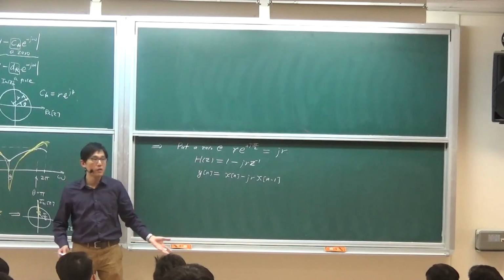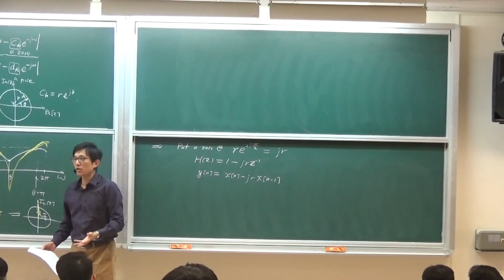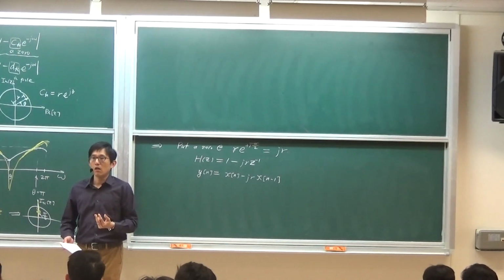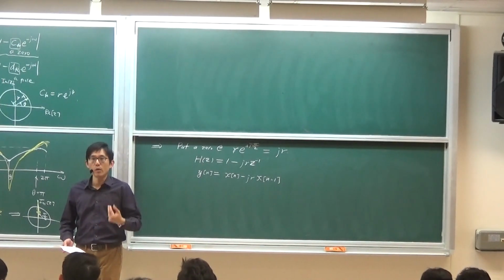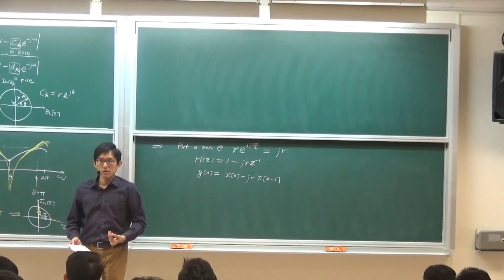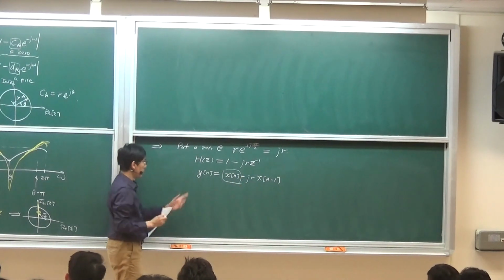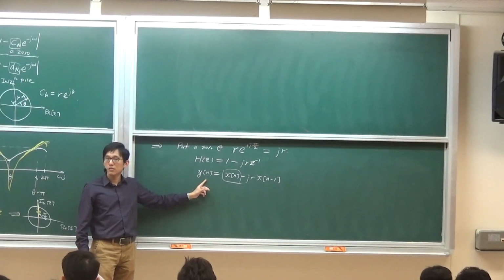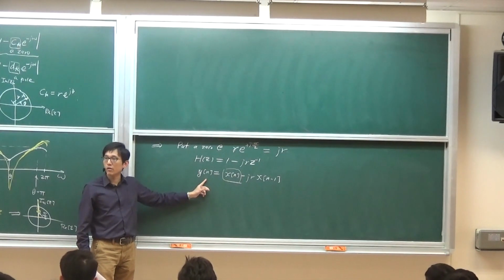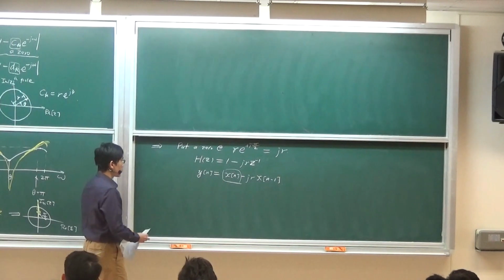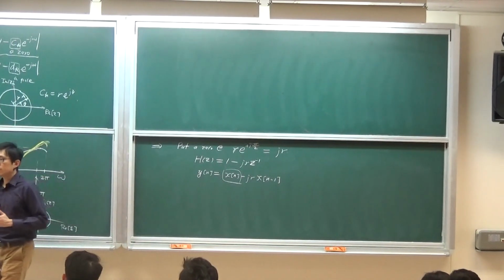So remember, in the beginning of this semester, I mentioned that most of the time we assume our signals are real unless otherwise mentioned. Okay, so let's say your input is real. But now here the output is complex, and that might not be desirable. This is something that you might want to avoid. Okay, so how do we fix this problem?